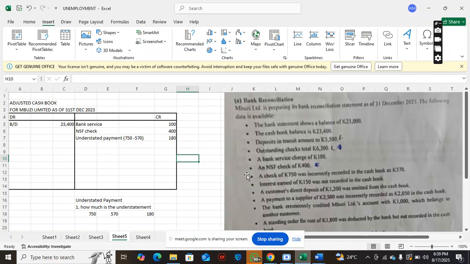Originally, it was 570 that was put in there. So this 570 was a lower amount. In order to correct this lower amount, we add this 180 on the credit side, so that when you put 180 plus 570, you get the total figure of 750.